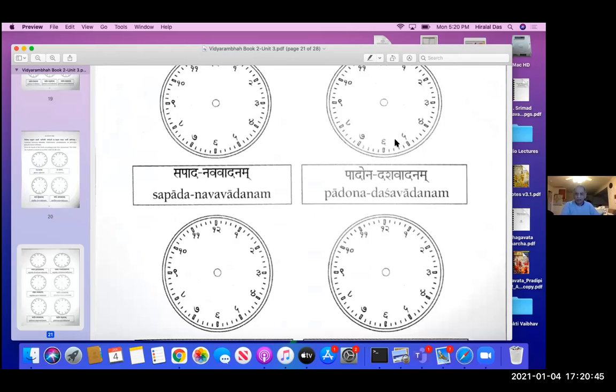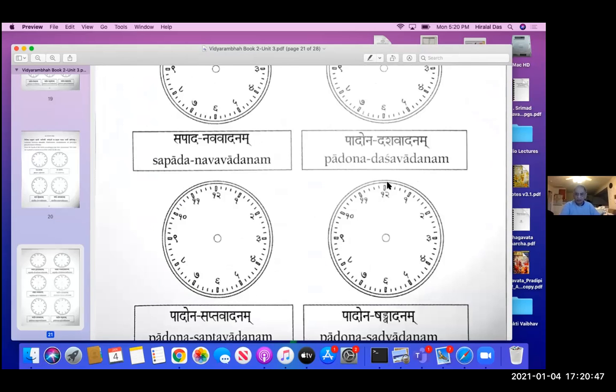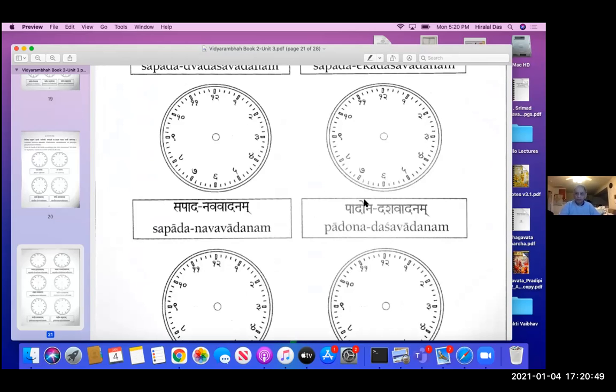Okay. Let's go back to that. Padona Dasvadanam. Next person. Okay, Krishna Chaitanya will do. Keshav, you got a chance, right?